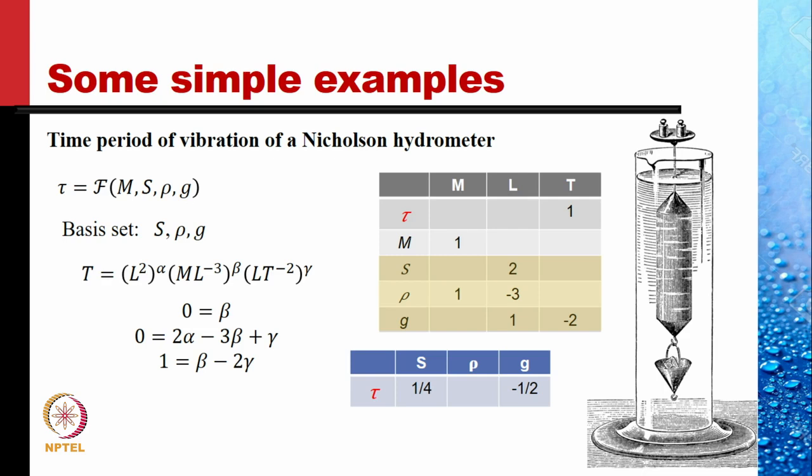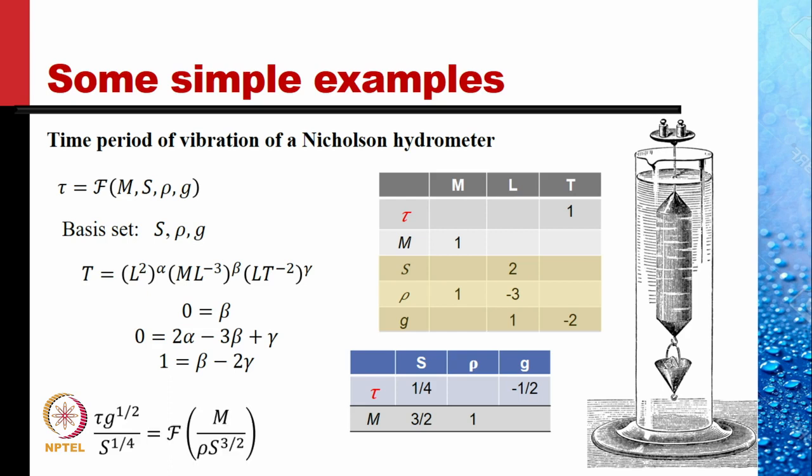This is for the dependent parameter, and the remaining independent parameter is m. And m, if we do the same thing, we'll find the dimension would be S raised to power 3/2 and rho raised to power 1. So that the non-dimensional dependent group is tau G raised to power 1/2 divided by S raised to power 1/4.